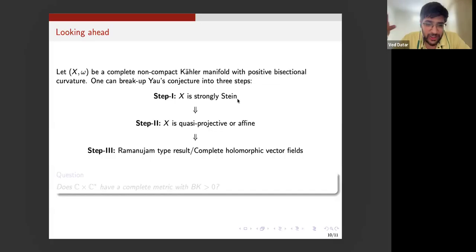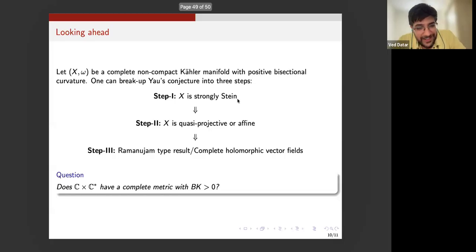There are apparently affine contractible threefolds that are simply connected at infinity, but they're not C^3, right? So one would like a Ramanujam type result, assuming that the bisectional curvature is positive, say. Right, but that seems to be completely out of reach right now.